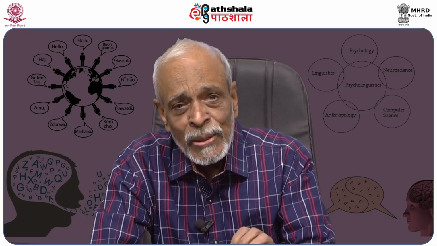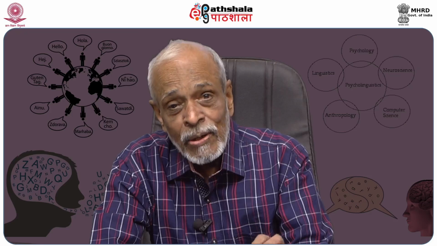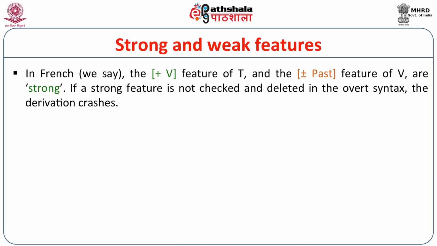So what would force the verb to move in French, and what would make it possible for the English verb not to move? We say that in French, the verb raises to tense because the tense is endowed with a redundant feature plus V.